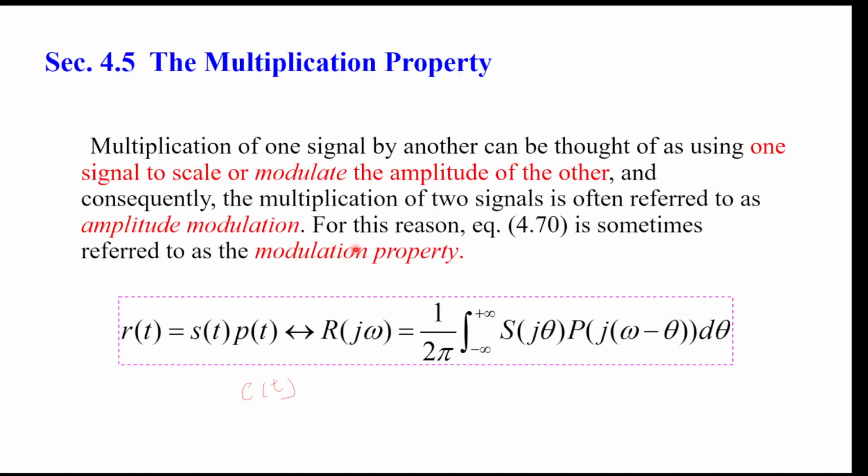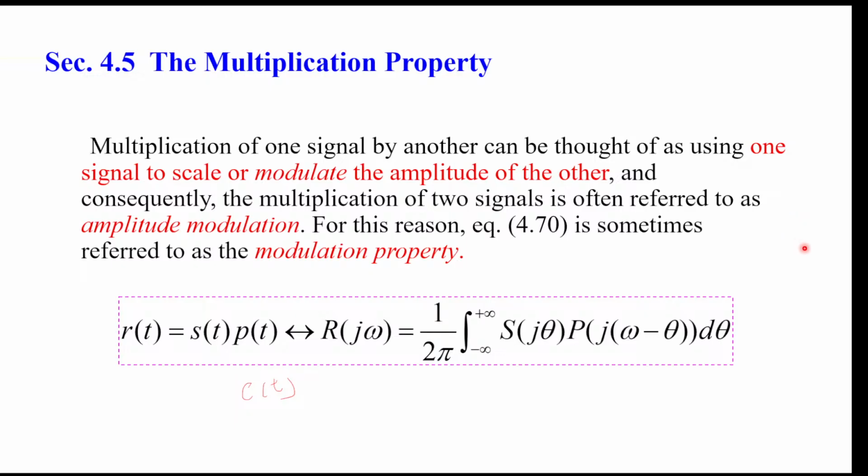Okay, and just like the convolution property has the interpretation of the eigenvalue equation for LTI systems, the multiplication property can also be viewed as using one signal to modulate the amplitude of another.